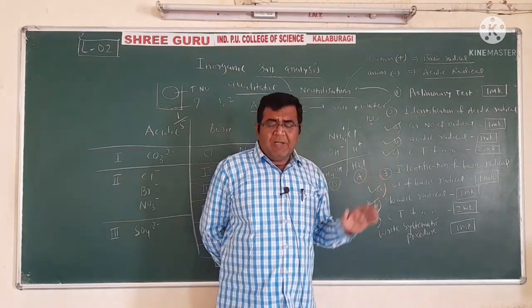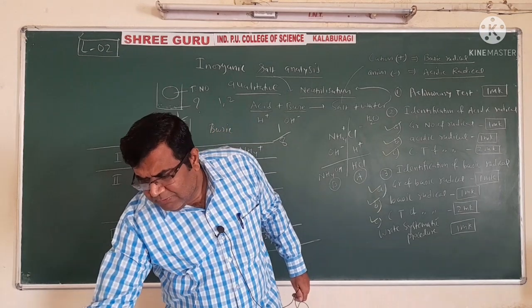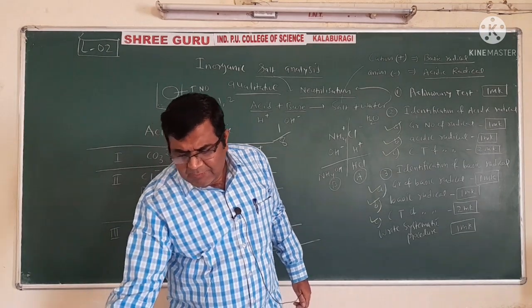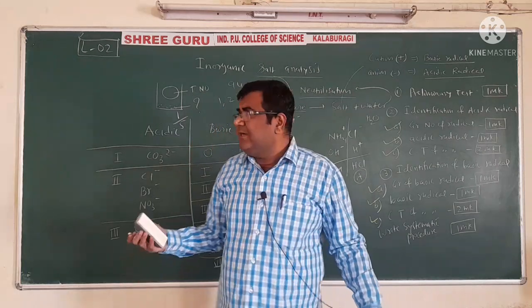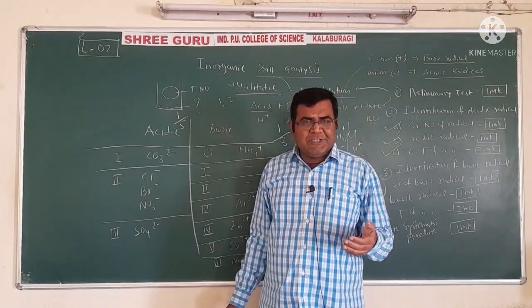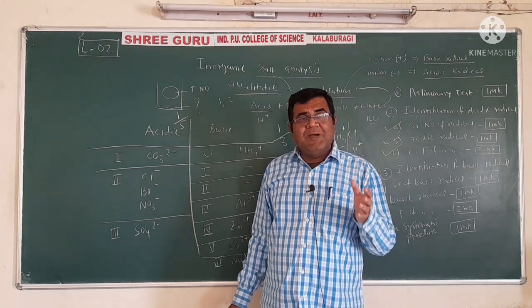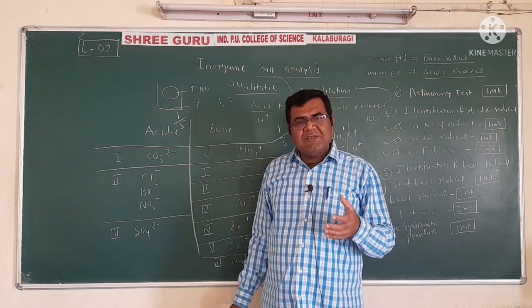So how to identify it? There is a scheme. I already told you to buy that particular chart. You might have prepared that chart. Write it along with me so that it serves as a kind of revision for you. You have to revise it 2-3 times because this is a new thing for us.